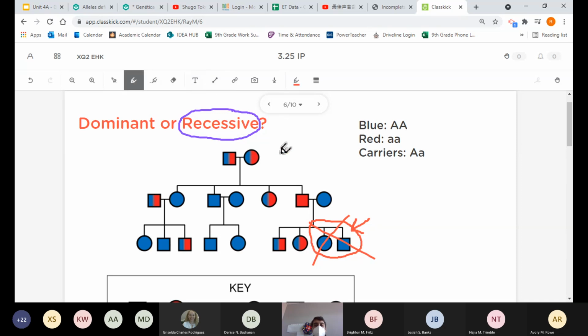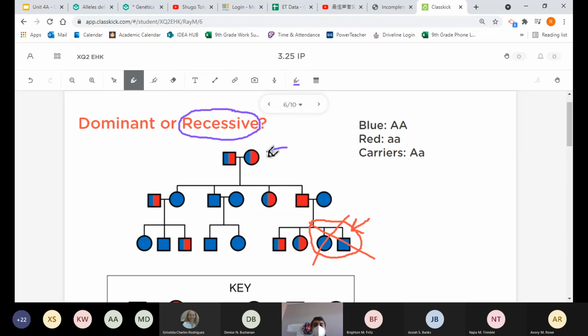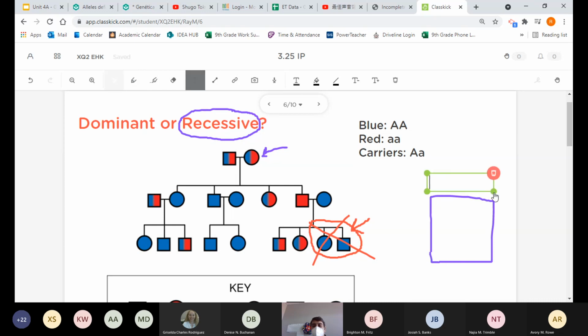So let's say that we're going to tackle just the easiest one. This one right here. Right? So we go ahead and draw a Punnett square. We know that mom and dad are both heterozygous. So we got big A, little a, big A, little a.